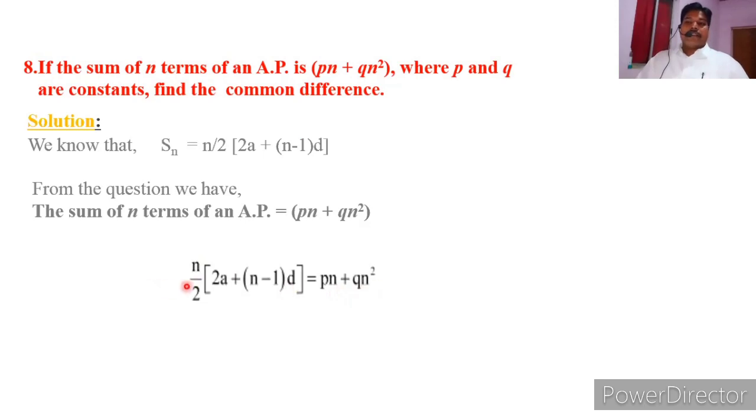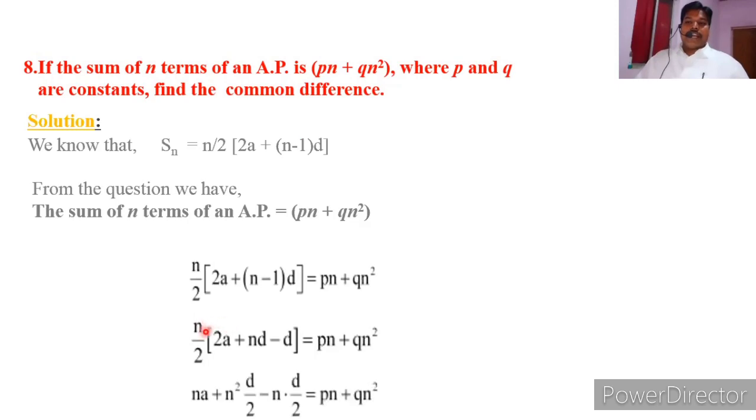So take the n by 2 inside and multiply. First simplify this: n by 2 into 2a plus, multiplying the d, nd minus d. Then n by 2 into 2a: the 2 will be cancelled, you will get na.